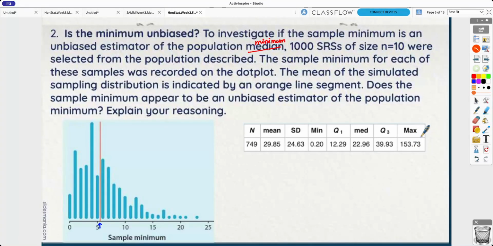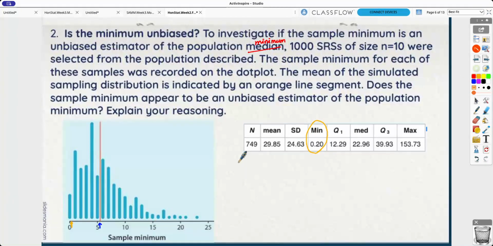Does the sample minimum appear to be an unbiased estimator of the population minimum? So here is the mean. It's like 5 point something. And what is the minimum of the population? The minimum of the population is 0.20. So 0.20 would be somewhere right here.